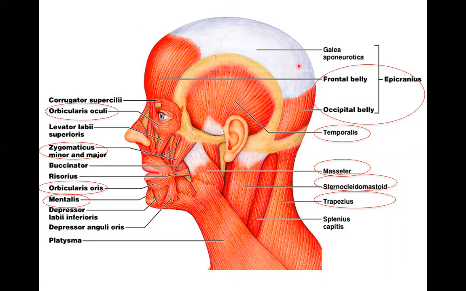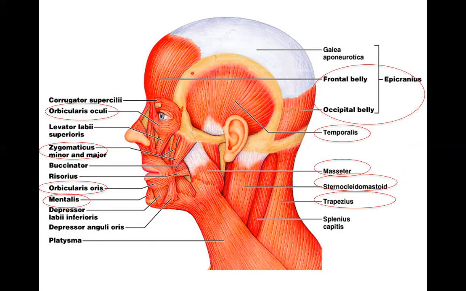Because this aponeurosis is associated with the cranium, it's called the epicranium or epicranius. The muscle that covers the frontal bone is called the frontal belly or frontalis, and the part that covers the occipital bone is called the occipital belly or occipitalis.